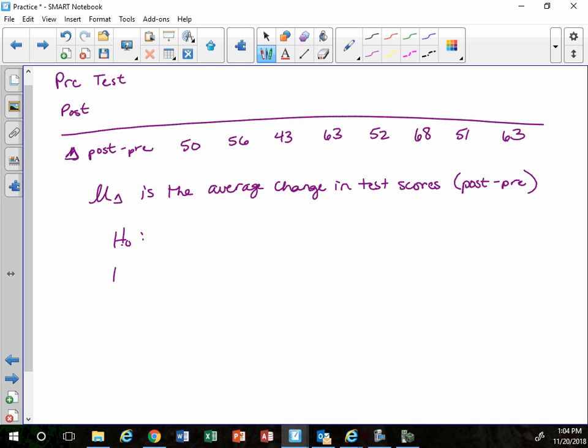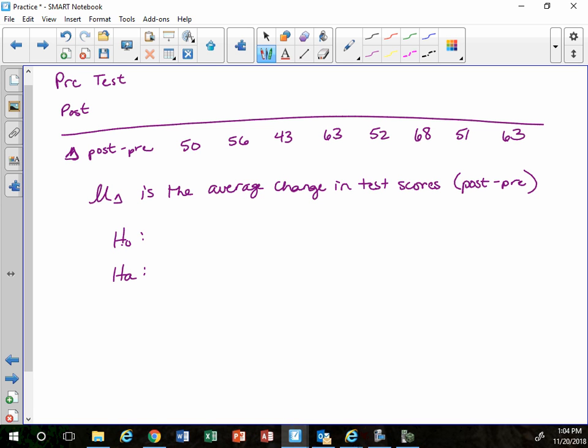We need to write a null and an alternative. What do you think the null is? We're checking to see if this works, if there's any change from the post to the pre.